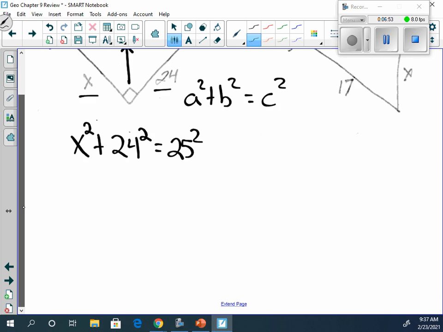Now for this one here, we can't just plug everything into the calculator because not all the numbers are on the same side. 24 is on one side of the equal sign and 25 is on the other. So what we can do is plug 24 squared into the calculator and it'll tell us that it's 576.